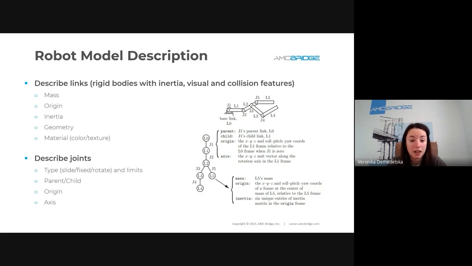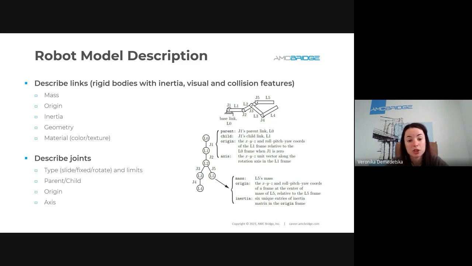To describe our links, what is a link? As I said, for the link, we use the model of a rigid body. We also need to take into account physical descriptions of the rigid body such as inertia, and visual and collision features.